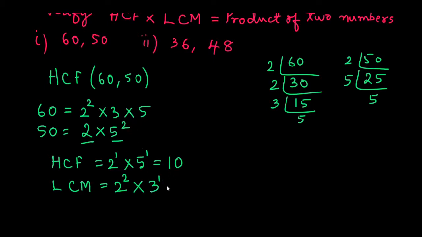The highest power of 5 is 5 power 2. So this is LCM: 4 into 3 into 25. 4 into 3, 12. 12 into 25, or 4 into 25, 100. This is 300.